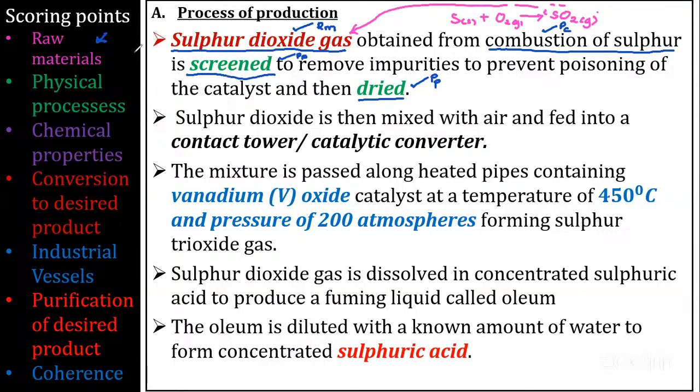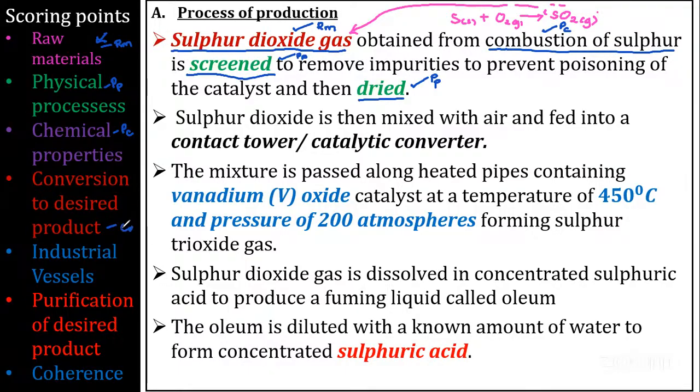That's why you will see that my first mark has an abbreviation of RM standing for raw materials. Then an abbreviation of PP stands for a physical process. An abbreviation of PC stands for a chemical process.